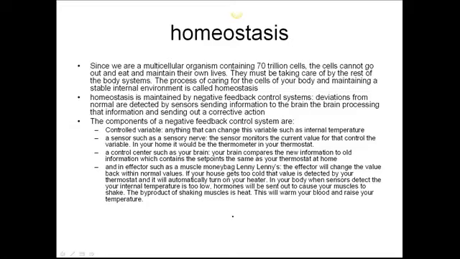These are deviations from the set point. So what happens is, say that you walk outside and it's very hot. Well, your skin will pick up the extra heat like a thermometer and send that information to the brain. The brain will compute that new temperature, and it will set off the air conditioning system of your body, which is your sweat glands.